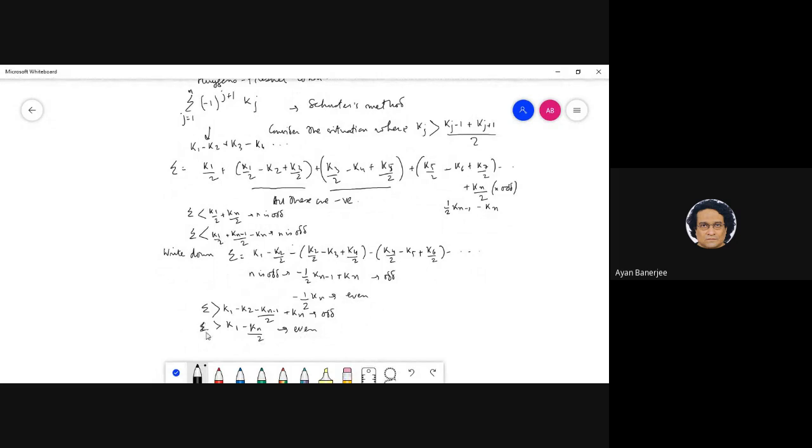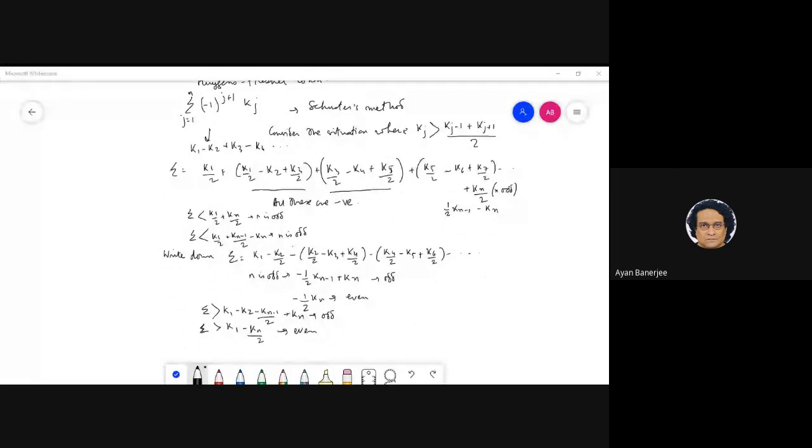Okay. So now Schuster's argument basically is that these are very close to each other. The general argument is that each kj differs from the neighboring values kj-1 and kj+1 only very slightly.